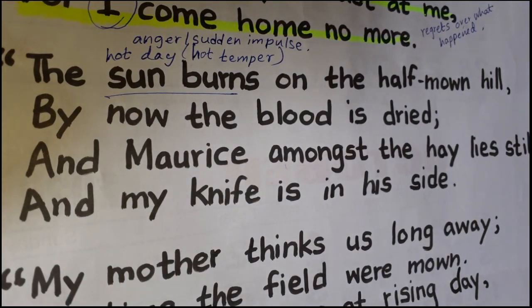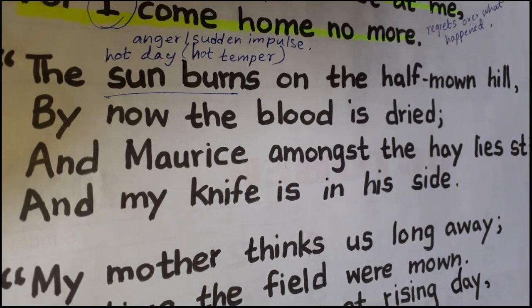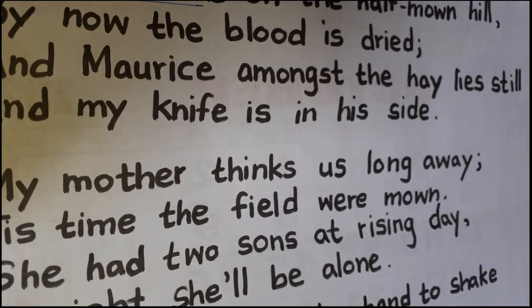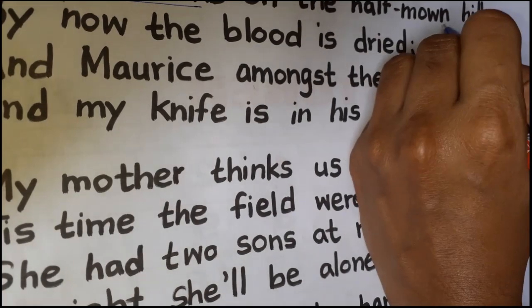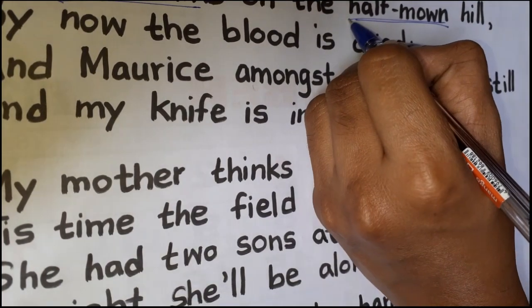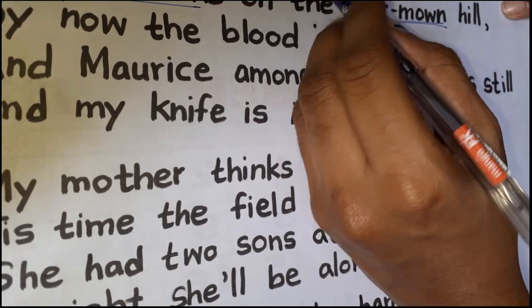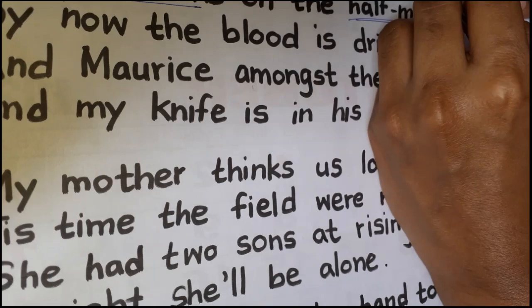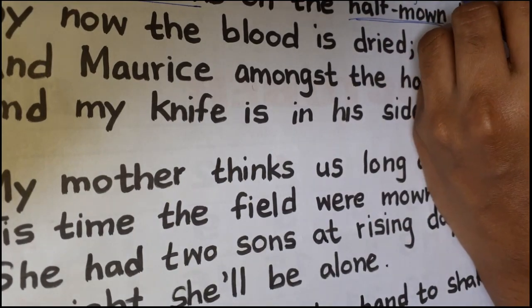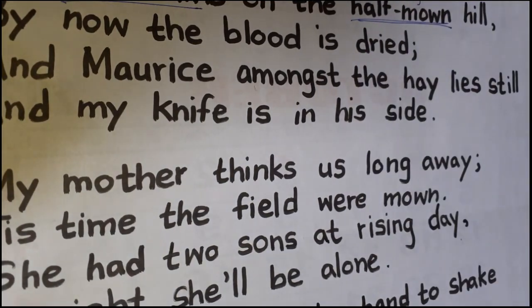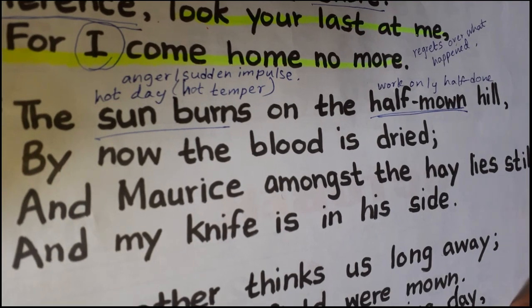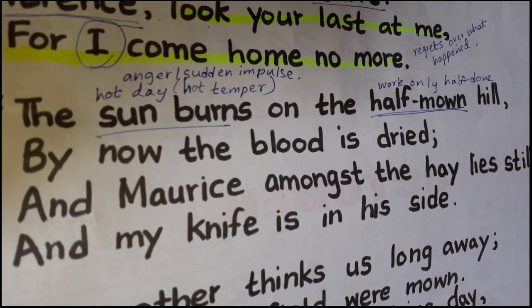Well, then we can see half-moon hill. That shows that the work is only half done, not fully completed, right? So the work has been done half, and it is a hot day on that day.